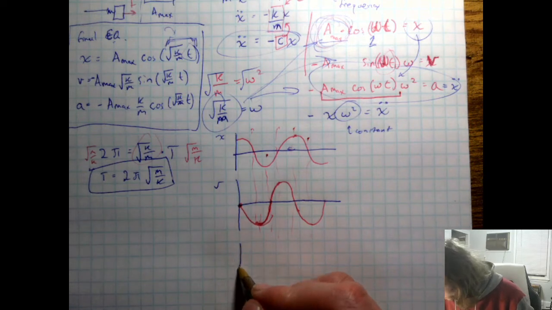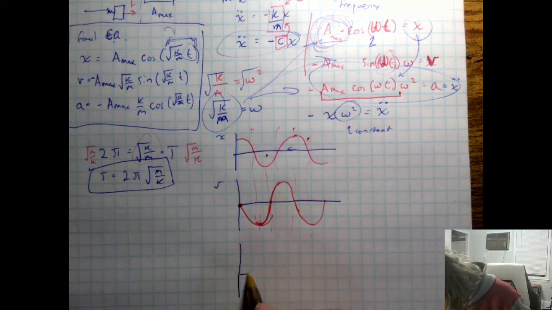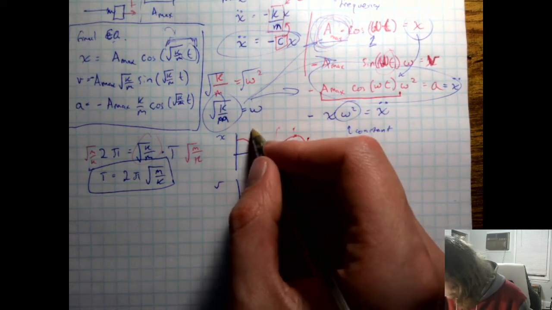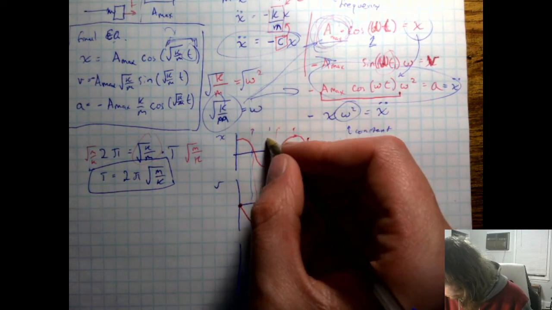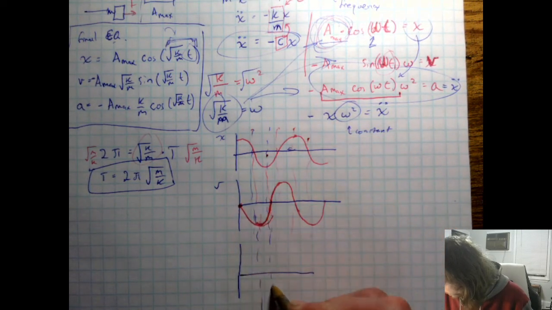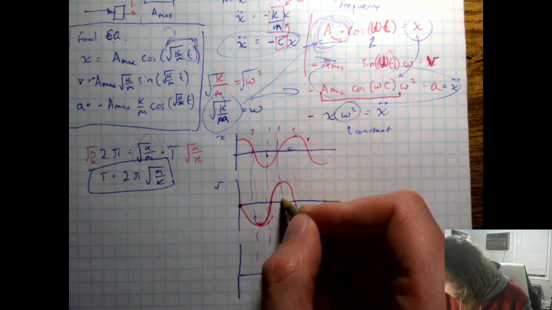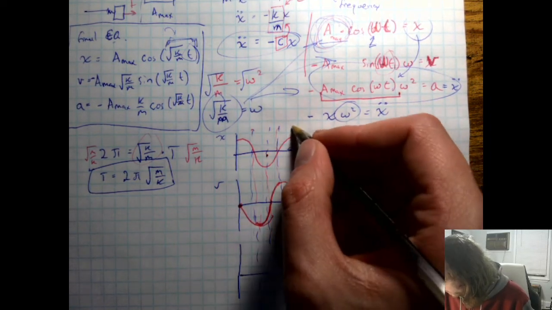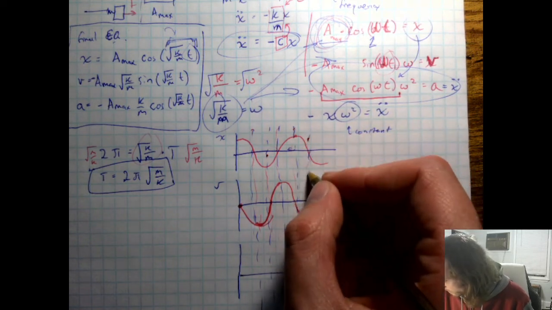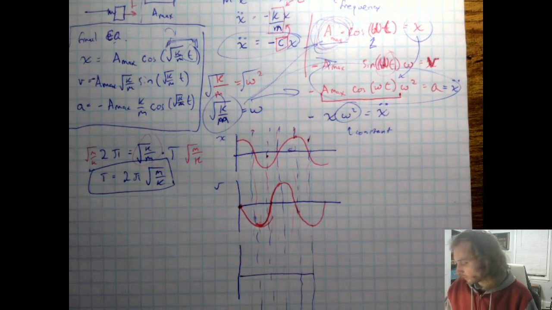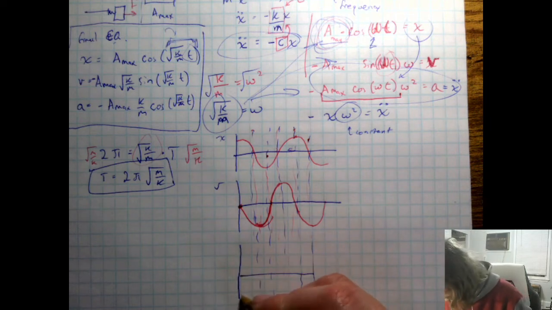For our acceleration graph, it'll look much like our position graph did, but instead of our values being positive, now our values will be negative because we have a negative cosine function.